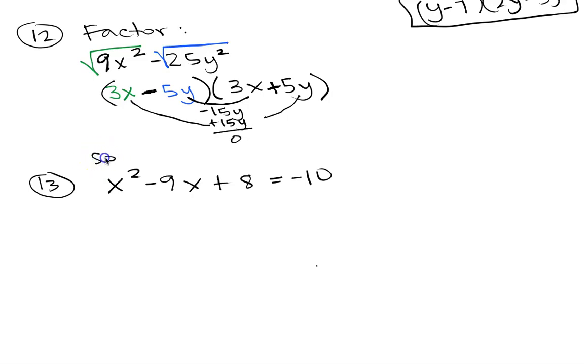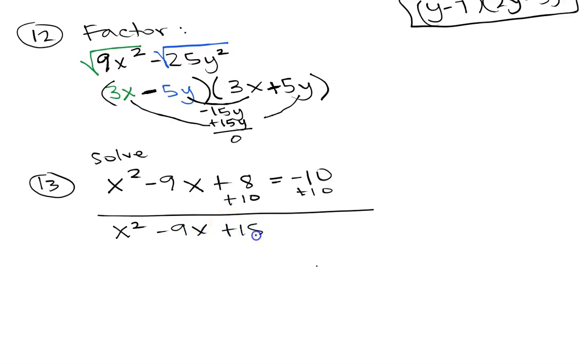Okay, so you're asked to solve this, but notice that this isn't equal to 0 yet. So it's got to be equal to 0 before I can try and do any factoring. So first thing I want to do is add my 10 over so that I can get 0 on the right side. So I've got x squared minus 9x plus 18 equals 0. Now I need to factor this.